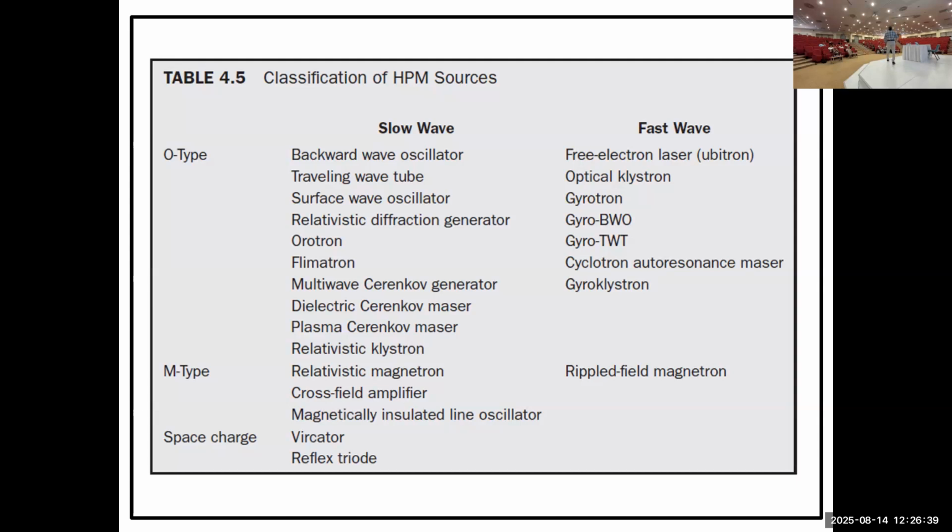This gives you the possibility to design a gyrotron, and those are types of fast wave device. The gyrotron itself can be a gyrotron BWO, backward wave oscillator, or a gyro traveling wave tube. So you can have different interactions, and you end up with different devices.